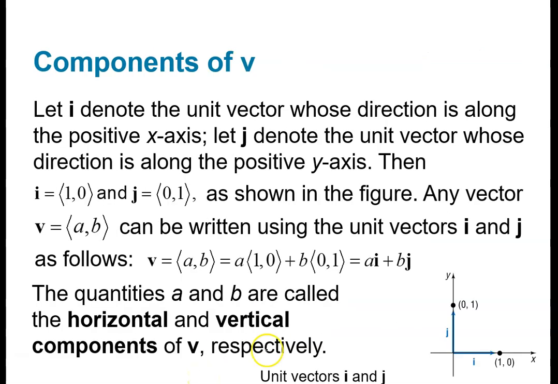All right, some alternate notation here, because the i vector and the j vector are unit vectors. They are moving just in the x direction, moving just in the y direction, one unit. We can write any vector in space as that a magnitude multiplied by i, and the b magnitude multiplied by j. And this resultant vector would then be this much times i, which is going to move me in the x direction, this much times j, which is going to move me vertically.